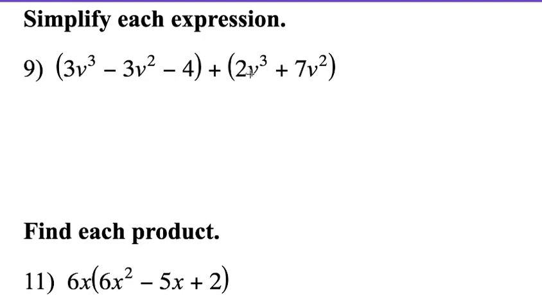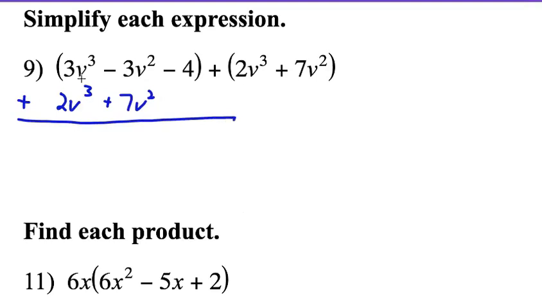So one easy way to arrange our work for a situation like this is to take this second polynomial and put it underneath the first one, and we're going to line up the like terms. So I'll put the 2v cubed underneath the other expression to the third power, and I'll put the 7v squared underneath the other v squareds, and we're adding these.